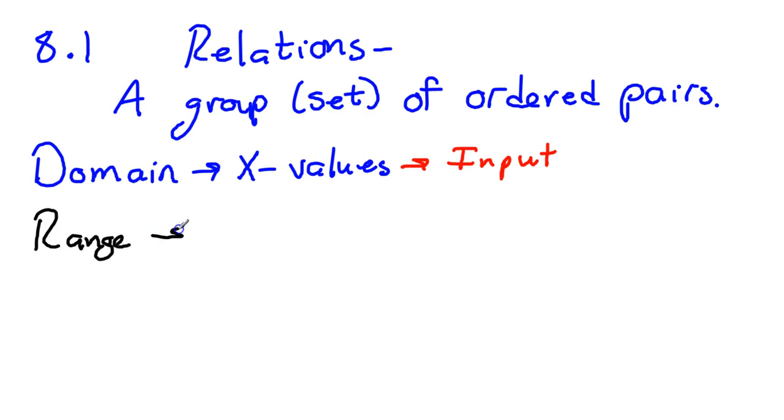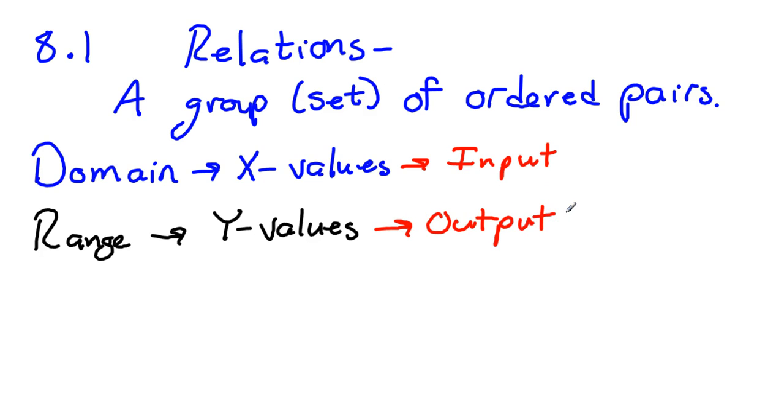And the range, that's going to be your Y values. And occasionally they'll call that your output. But biggest thing is, domain's always the X values, the range is always going to be the Y values.